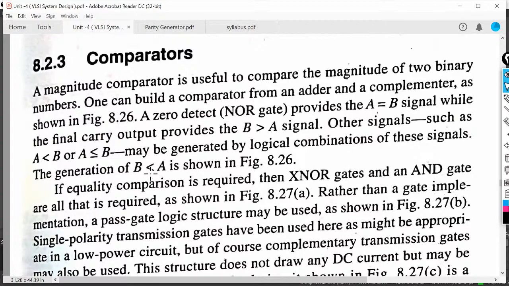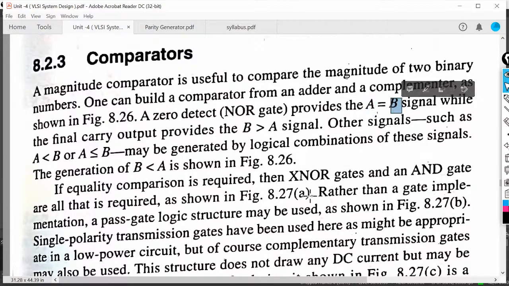According to it, the comparator circuit is nothing but a combinational digital circuit that is used to compare two different numbers. Suppose I am considering one number as a and another number as b.